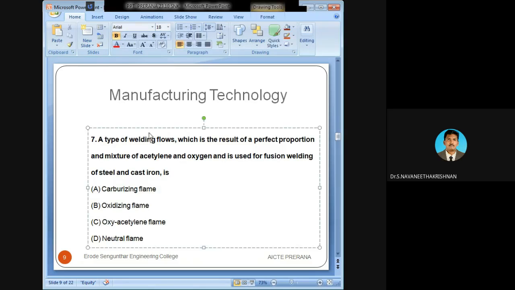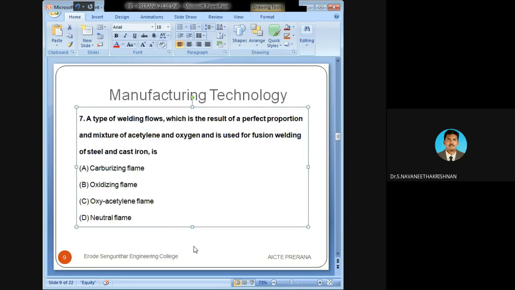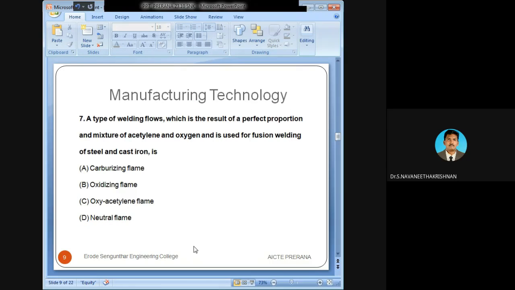So the next question is, a type of welding flame which is the result of a perfect proportion and mixture of acetylene and oxygen and is used for fusion welding of steel and cast iron.